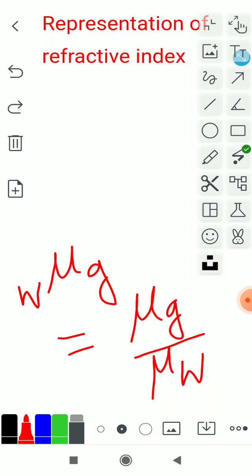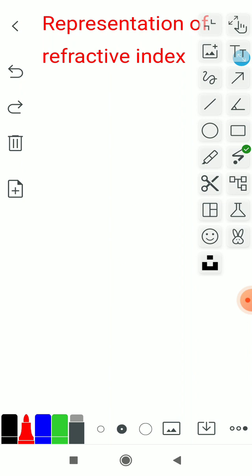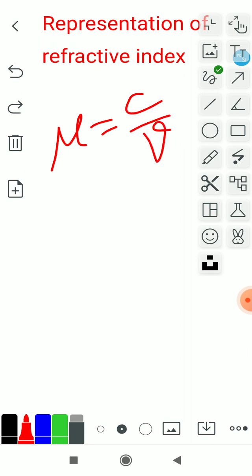Another formula relating refractive index and speed of light, which we have discussed earlier, is mu equals c divided by v. If we write a mu g, a for air and g for glass, what does it mean?